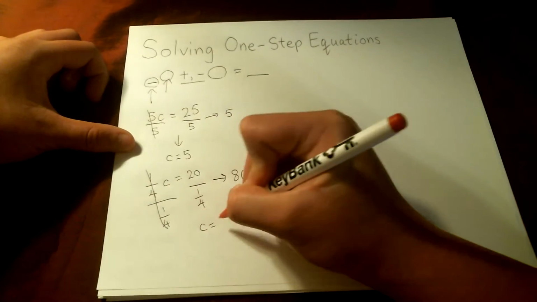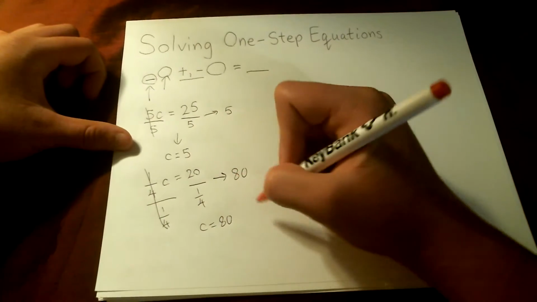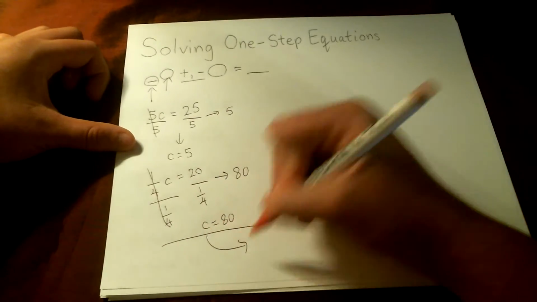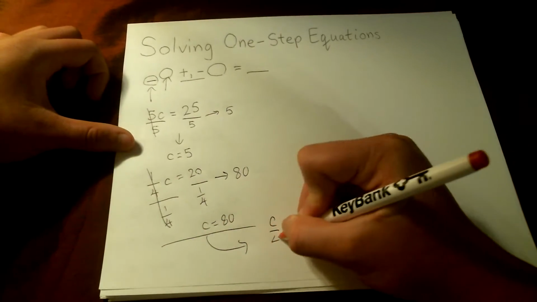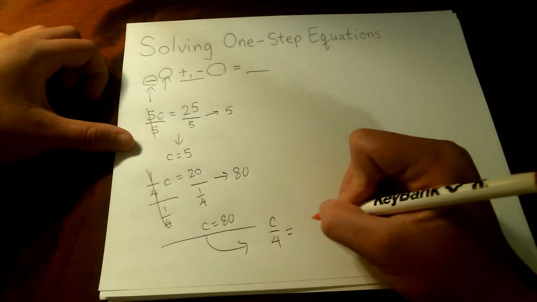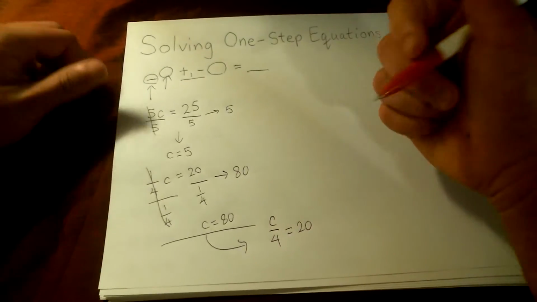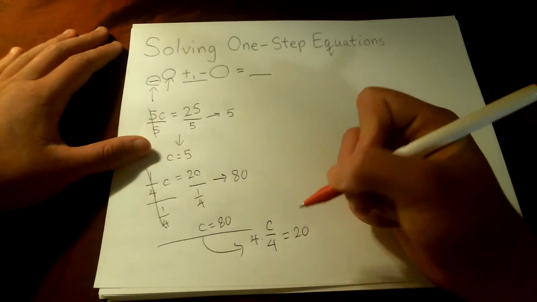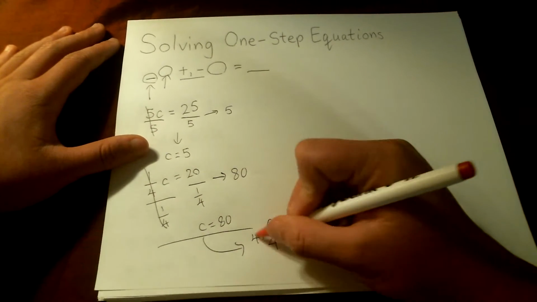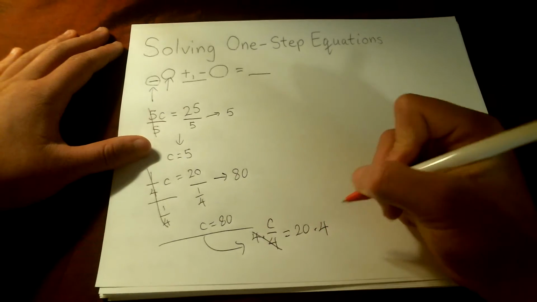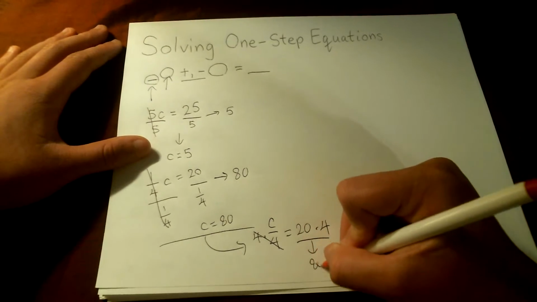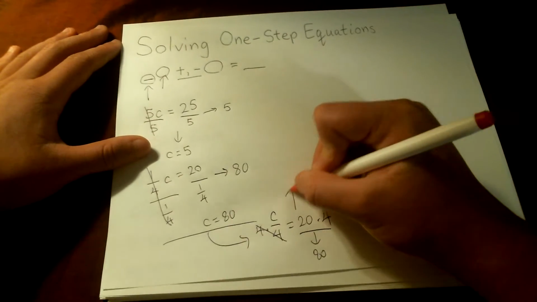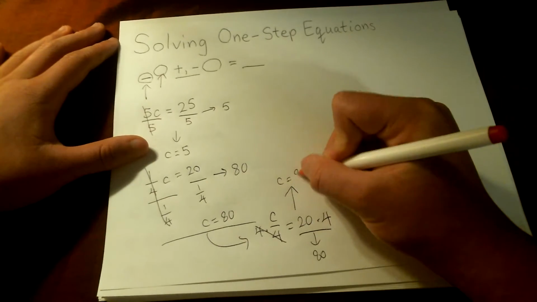So c would be 80. Another way to do this same problem would be putting that as c over 4 equals 20, and we can do that by multiplying both sides by 4 to cancel out the 4. So these would be canceled, and over here we're times 4. That also equals 80, and so then c would equal 80.